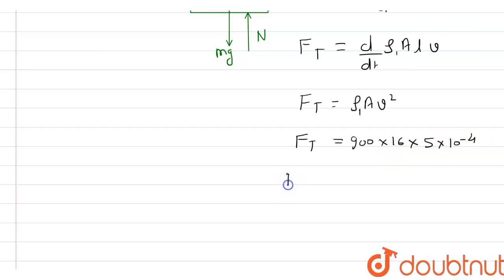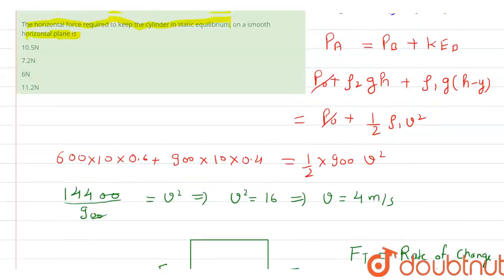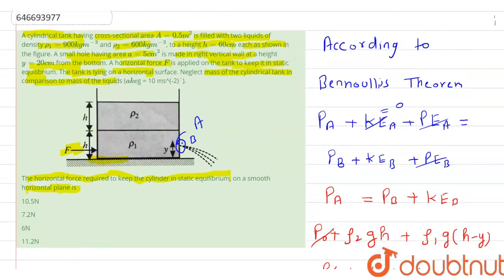So when we multiply, Ft will be equal to 72000 × 10^−4. So Ft will come out to be 7.2 Newton, and this is certainly equal to the force F that is applied. So this is the final value of the force applied to keep the cylinder in equilibrium. With that we can say the second option is the right answer to this question.